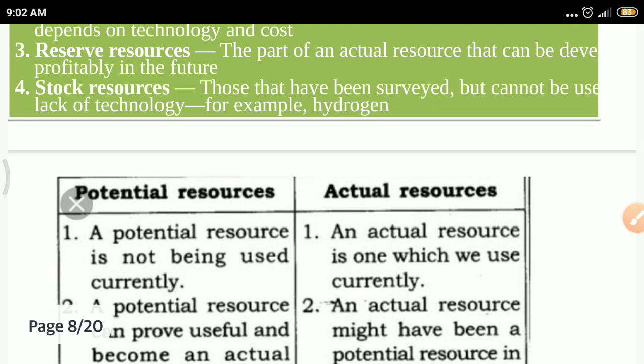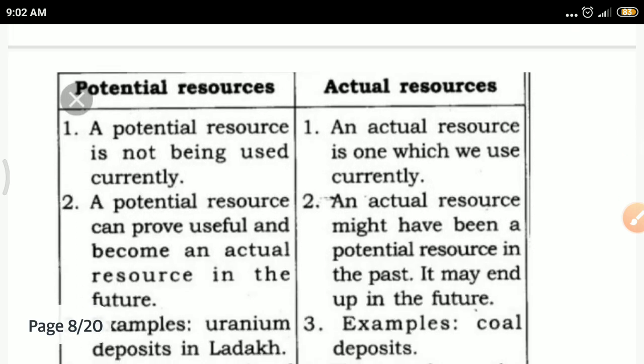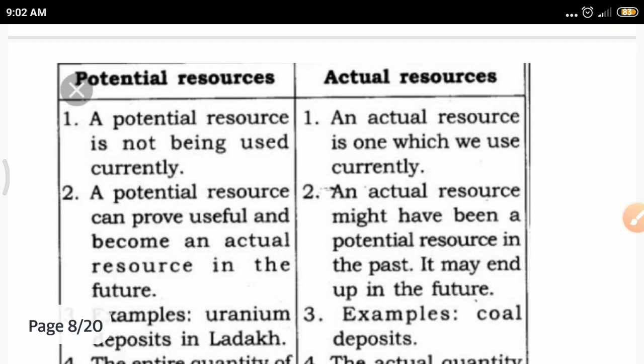Now just look at the differences between potential resources and actual resources. Potential resources means what? A potential resource is not being used currently, but actual resources are the ones we are using currently. What is another difference?